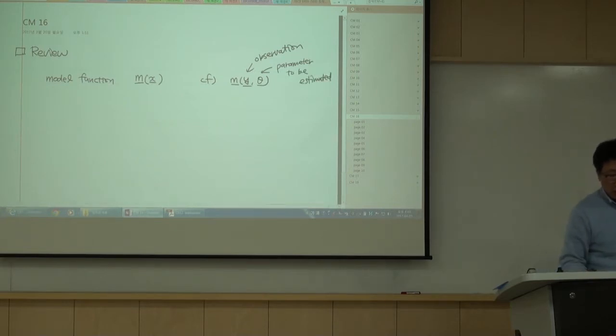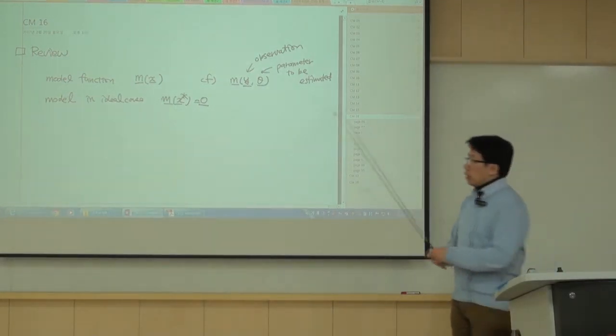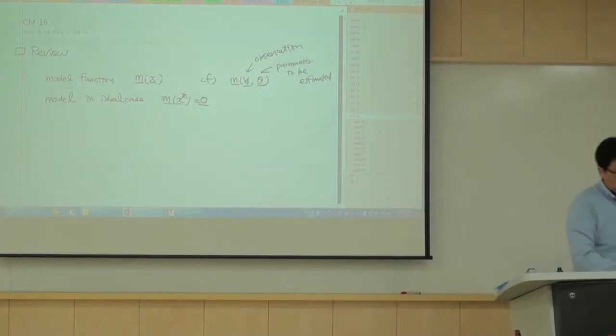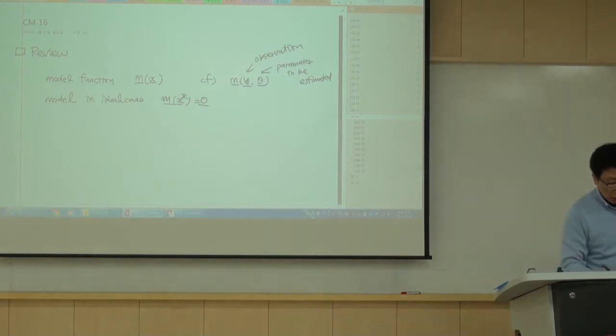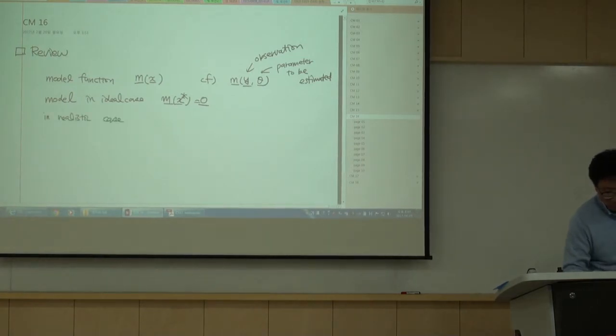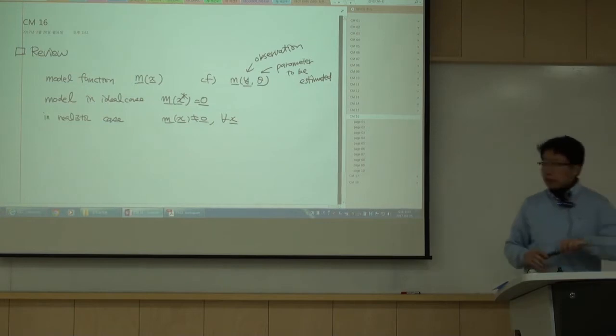And our model says that in the ideal case, the model function evaluated at our optimal parameter equals the 0 vector. However, this is not true in the realistic case. For any x, the function is non-zero.